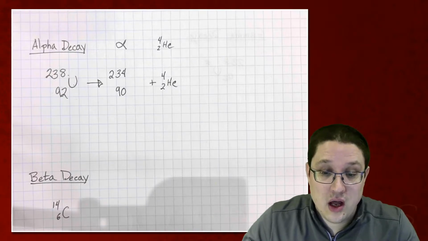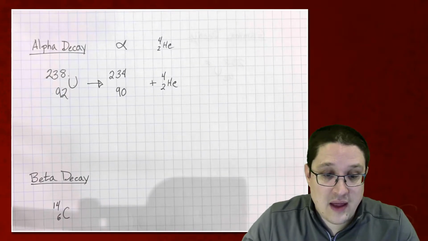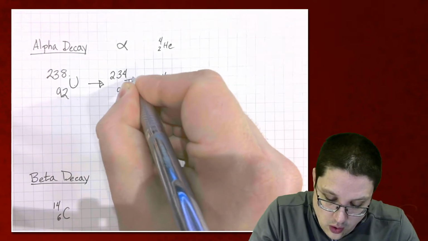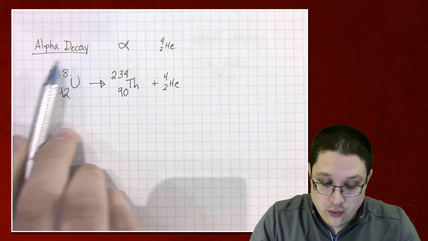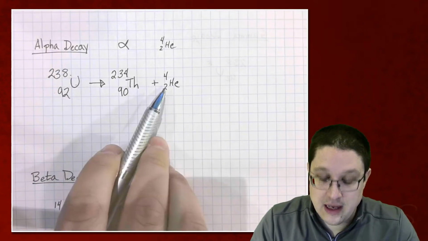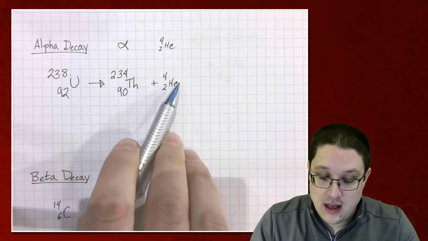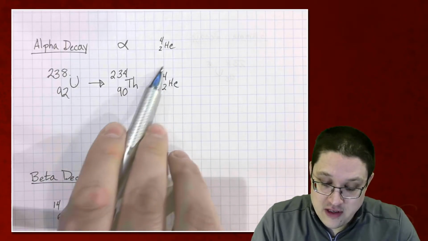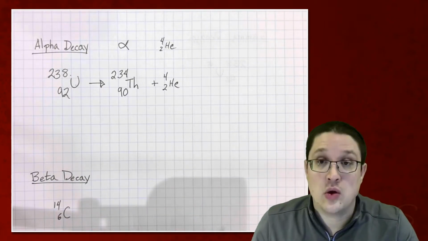So here, I'm going to take a look at my periodic table, and this works out to thorium. So uranium undergoes alpha decay to create thorium. Here's what you need to notice. Alpha decay always emits a helium-4 nucleus.